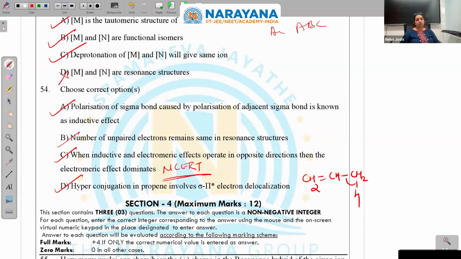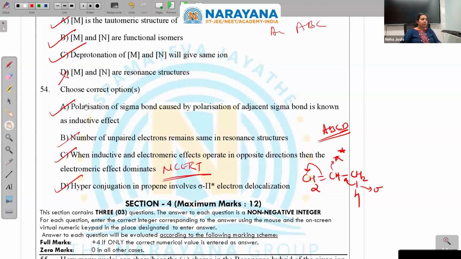So what type of hyperconjugation? This type, in which this is the sigma and when it is giving the lone pair, here pi star is utilized. So in D this answer seems to be correct. So the answer to 54 is A, B, C, D, all four options correct.